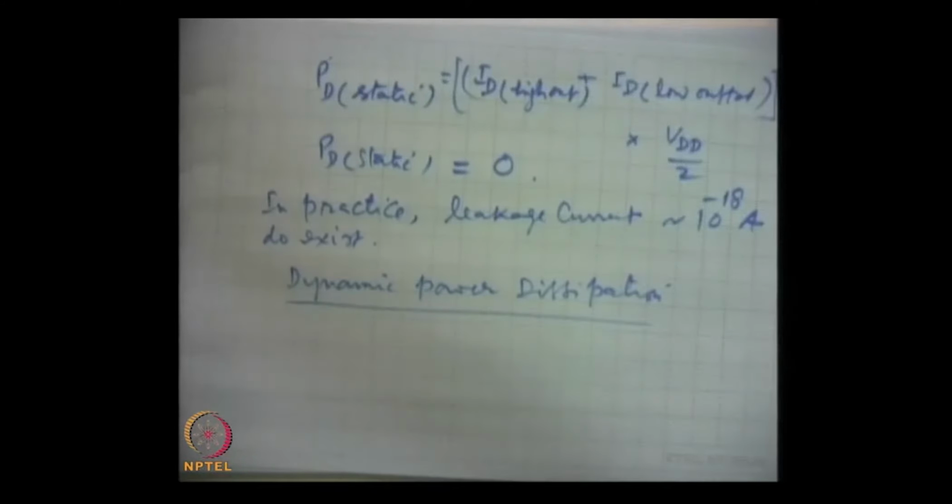During that transient period, when the states are being changed from on to off or from off to on, for that short period drain current flows in the CMOS, and that accounts for the dynamic power dissipation.